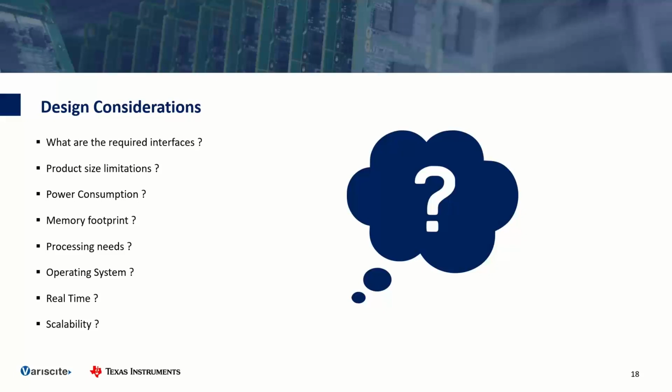If you have any real-time operation that must be performed, you can rely on the internal Cortex-M that is within the silicon of the AM62. And also scalability, because the capability to have the same SOM and change several options within the SOM allows you to provide different products with the same interface.